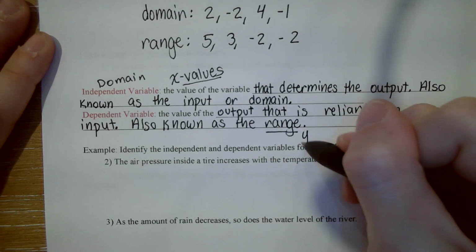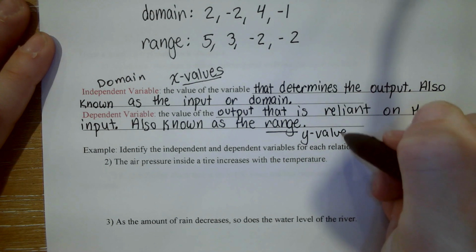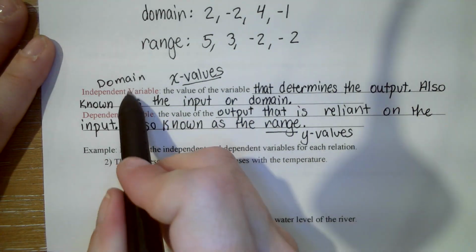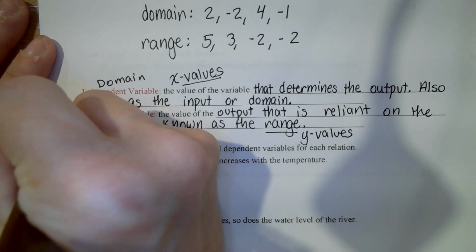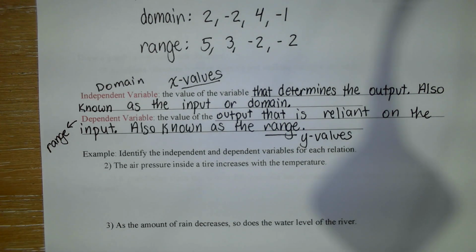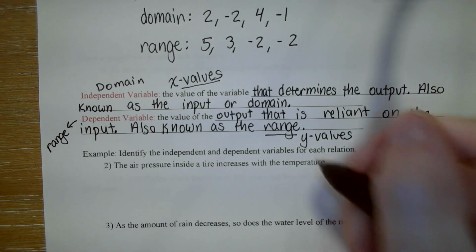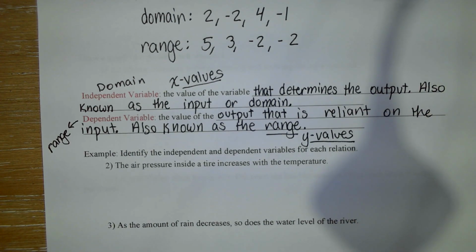So that means it is the y values. So independent is domain, dependent is range, meaning the y value is going to change depending on what the x value is. Y values are dependent, x values are independent.